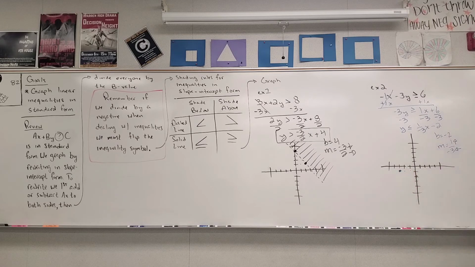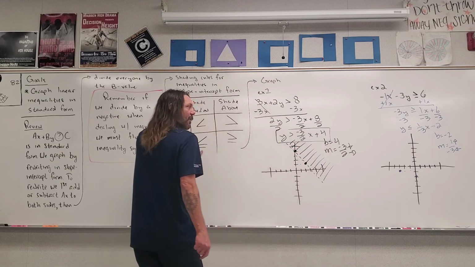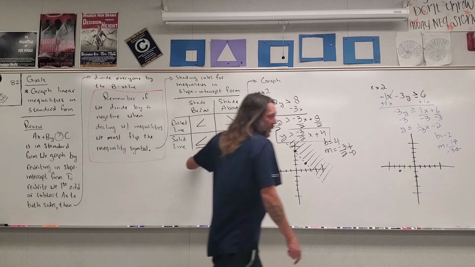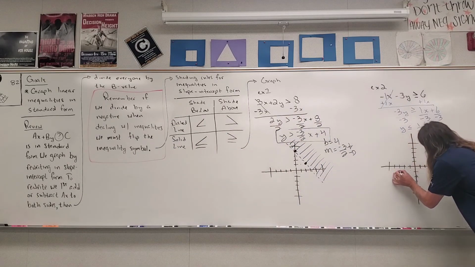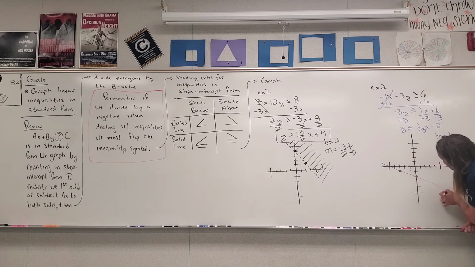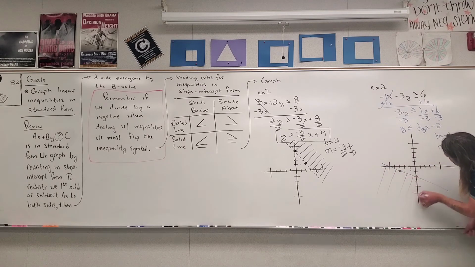Now let's see what my shading rules are. I have this symbol, so I'm going to shade below, and my line is solid. So there's my solid line, and I'm just going to draw a few segments coming off to indicate that I'm shading below.